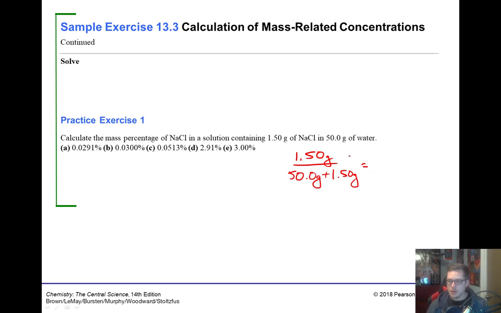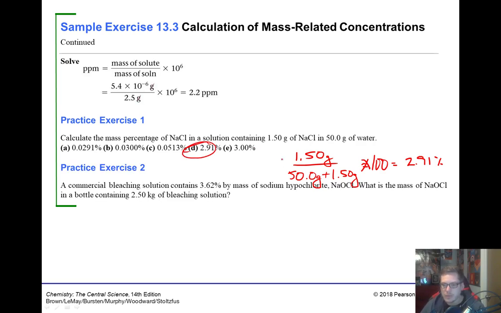So you get 1.50 and then times 100 because it's a percentage. So you get 1.5 divided by 1.5 plus 50, and times 100, so I got 2.91%. There you go. So the answer for that one is D.